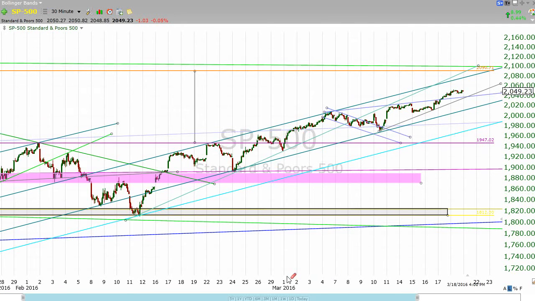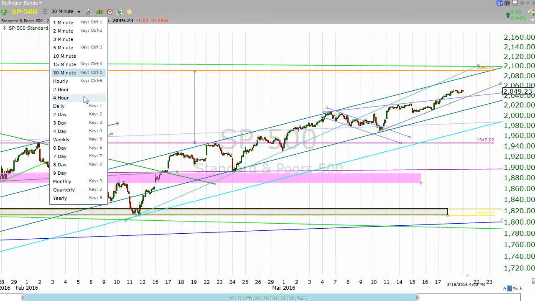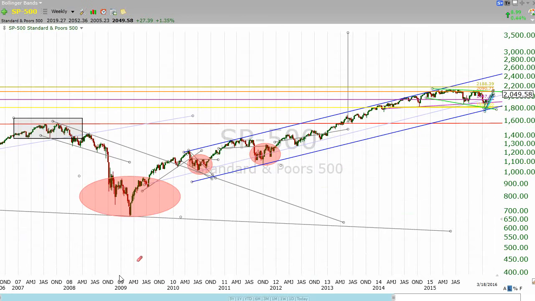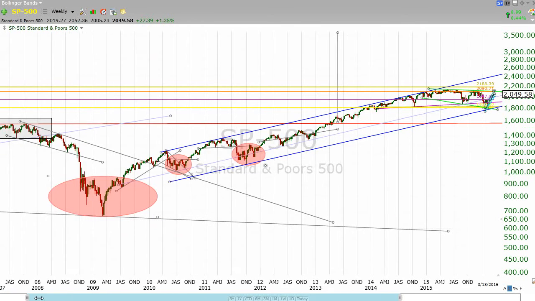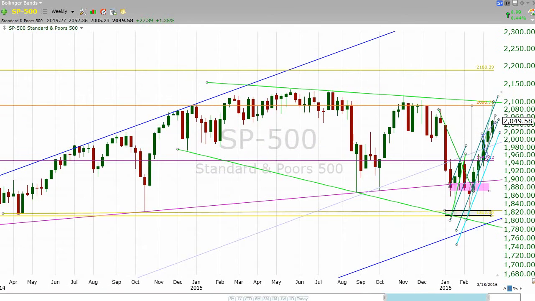Now, as far as this week went, we were up a little bit. The good news is we closed near the highs of the week. If we zoom out and look at a weekly candle, what is a weekly candle? Well, that means each candle that you see on this chart, and by the way, what is a candle? Why do they call these candles? Well, it started in Japan many centuries ago.